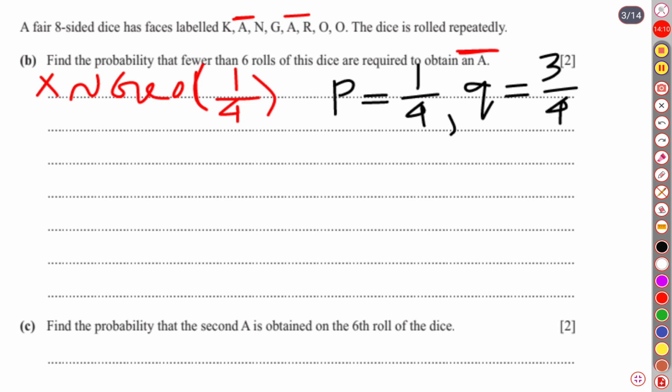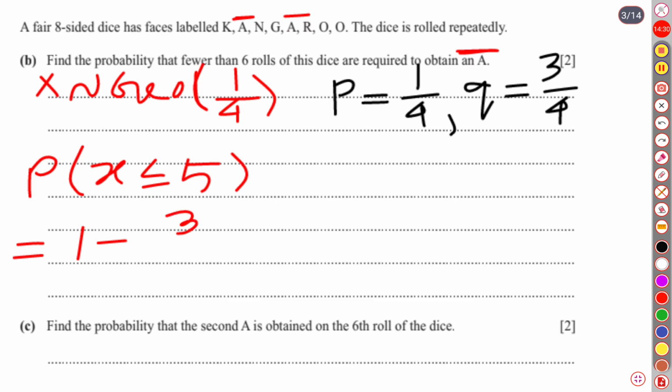Okay, now we are going to find the probability of less than 6 attempts. So less than 6 attempts means it will take 5 attempts, or fewer. For this we know the formula is 1 minus q raised to the power of what? q is 3 over 4, raised to how many times? 5 times, because in all 5 times he didn't fail.